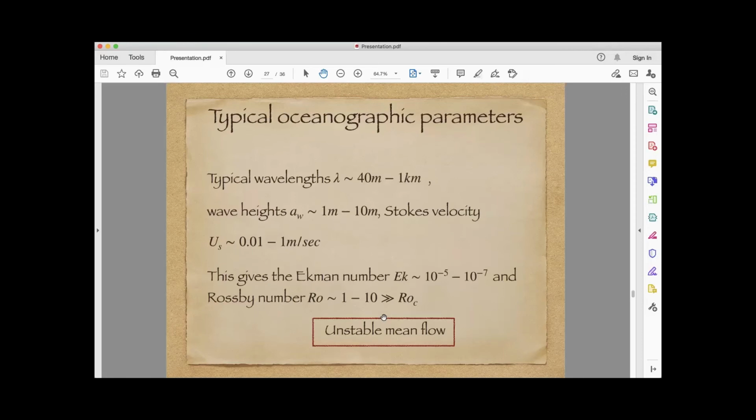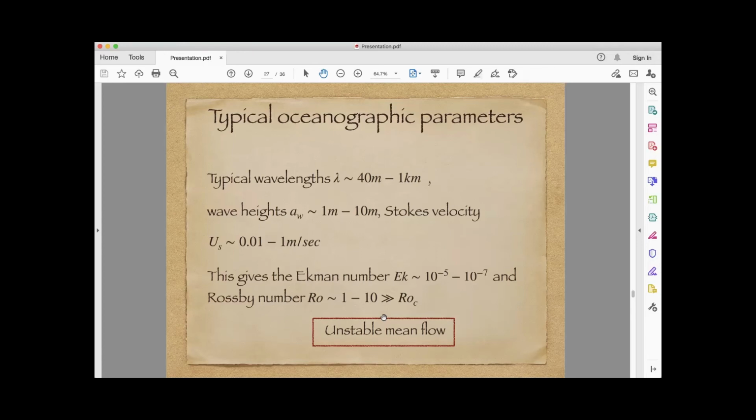Okay, so what are the physical implications of this instability that we found? As Professor Mahendra Verma was asking, what are the typical values that you get in the ocean? For surface gravity waves, we take swell waves because these are the waves which are like monochromatic and they travel for very long distances, so the analysis works very well for them. Typical wavelengths are of the order of 40 meters to about a kilometer, the very large wavelengths.